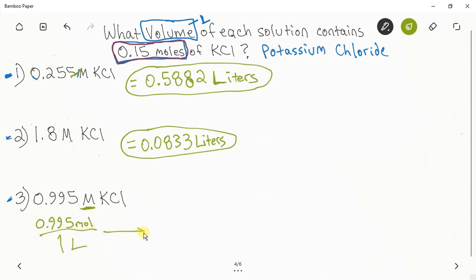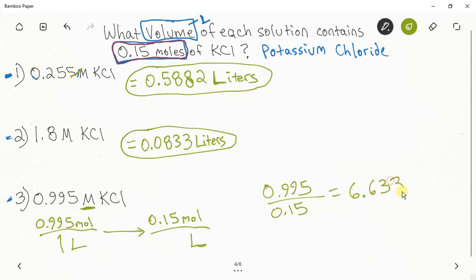And we need to change that to 0.15 moles and find out how many liters that is. So if we divide the 0.995 by the 0.15, that's going to give us 6.633.